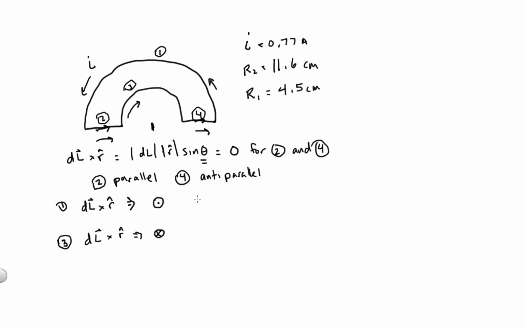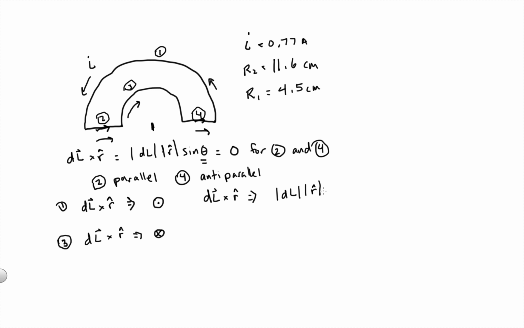Now, what about the magnitude of dL crossed into r hat? Well, the magnitude for segment 1, the magnitude of dL, more on that in a second, it's going to be our most interesting piece here. Magnitude of r hat, well, that we always said was going to be 1.